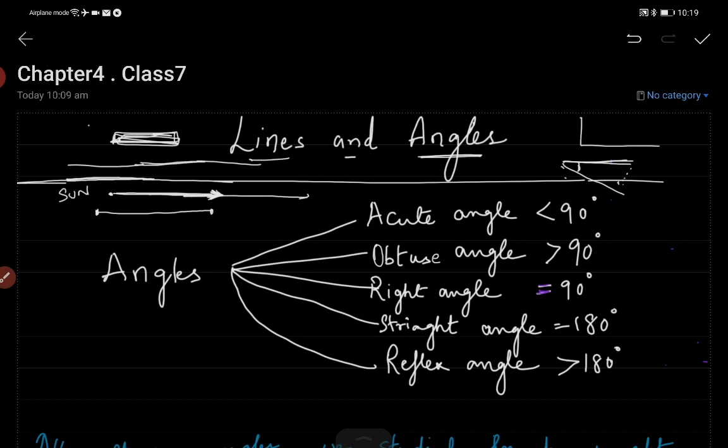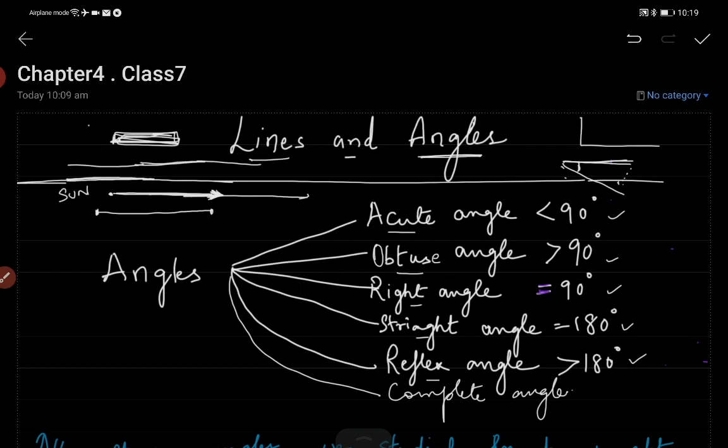You already studied different types of angles: acute angle, obtuse angle, right angle, straight angle, reflex angle, and one more, the complete angle. I hope you remember all these angles, but let's revise them.